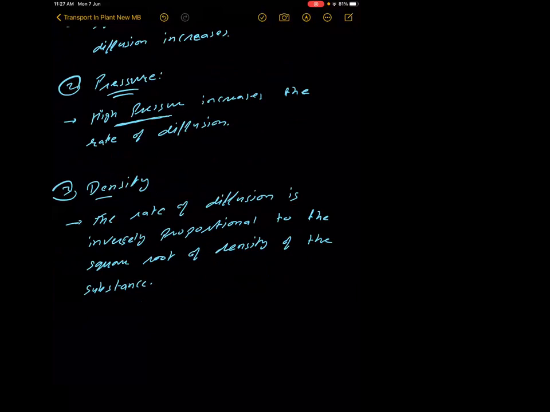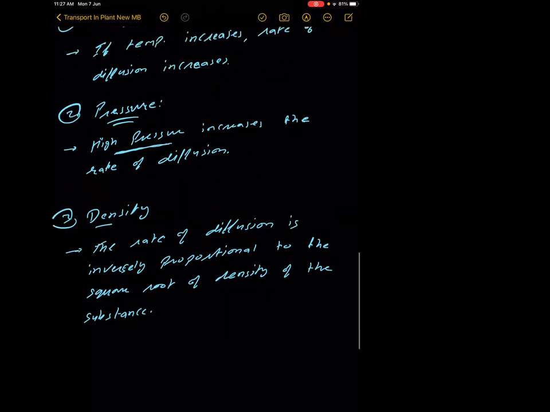So maximum diffusion occurs because of this density. Maximum diffusion occurs in gases. Gas, then liquid, then solid. Fine.